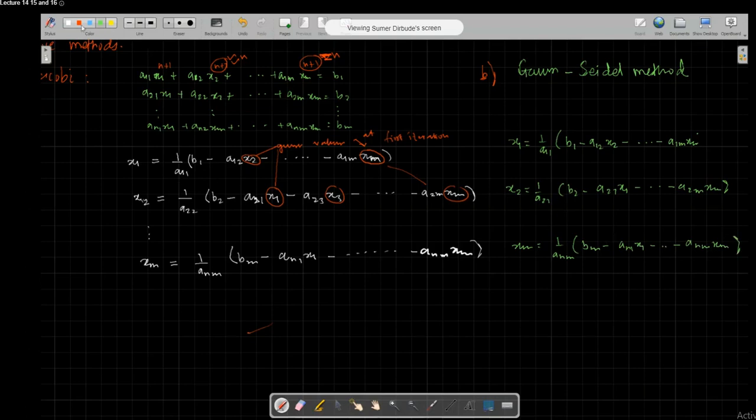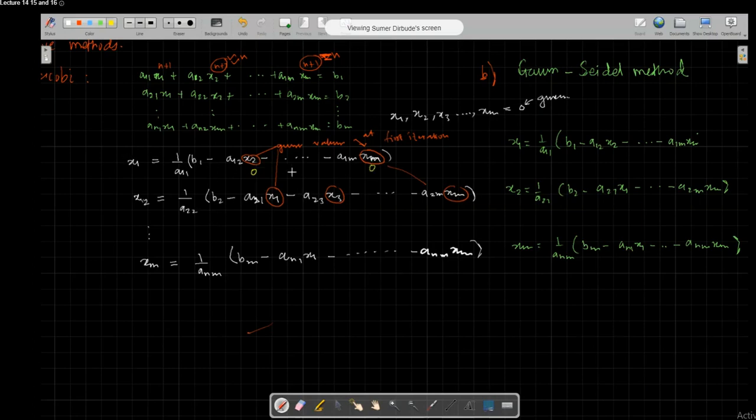Now here, in both the cases, x1, x2, x3 up to xn, these values will be given. Say it is a guess value. Say it is 0. Okay. So this 0 value will be substituted here. 0 is substituted, so you get x1.